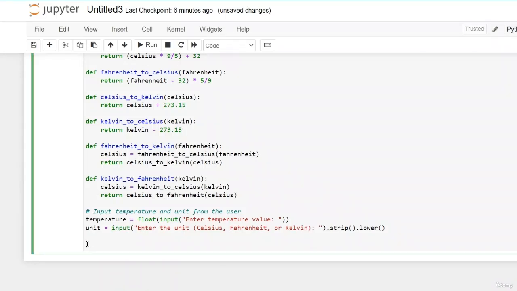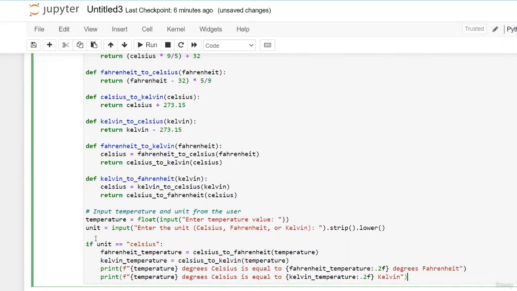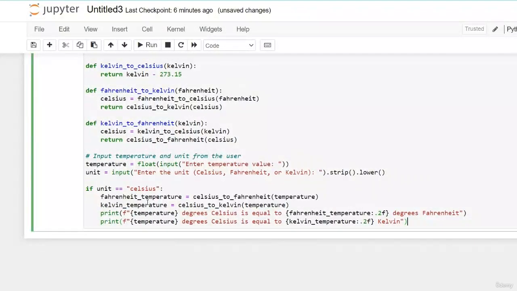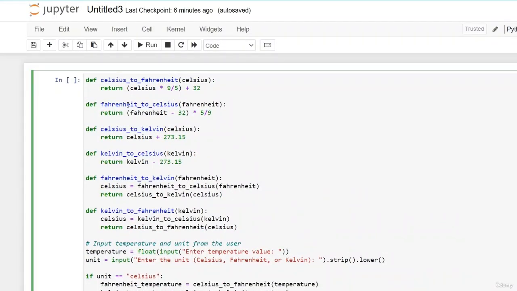So this is my first if statement. If the unit that was entered in the input is Celsius, then I want to convert from Celsius to Fahrenheit, taking our function. Once you enter your value and your SI unit here, we have made it lower, so no matter what they enter, it's going to be in lowercase. If it is Celsius that is entered, then it goes to our Celsius to Fahrenheit function and is computed.